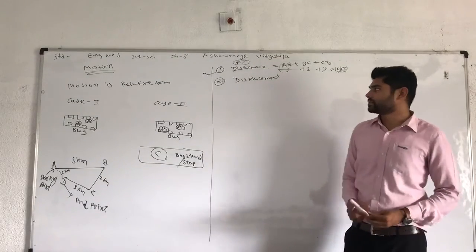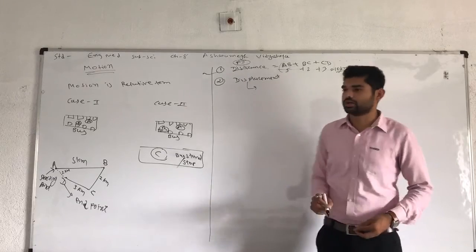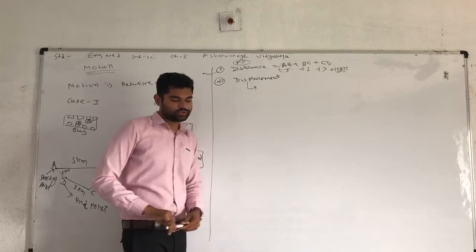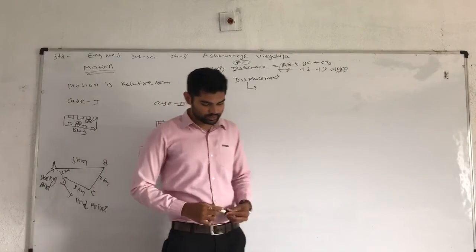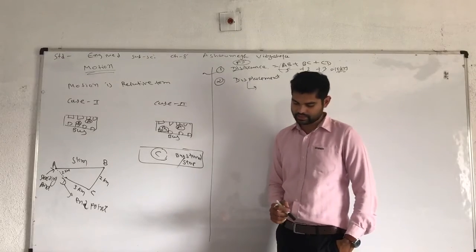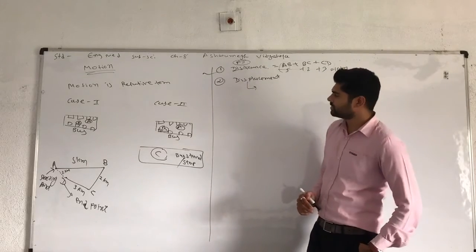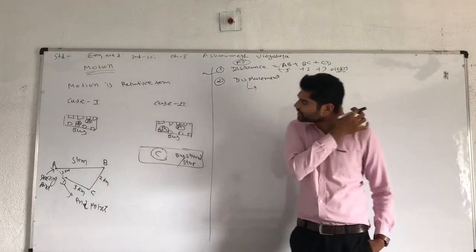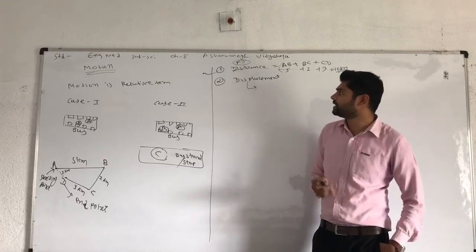Now displacement. Displacement means the shortest distance between the initial and final position. The definition of displacement is that the shortest distance measured from the initial to the final position of an object is called displacement.